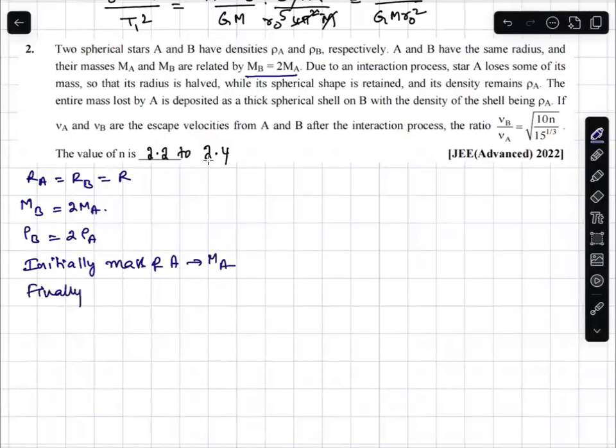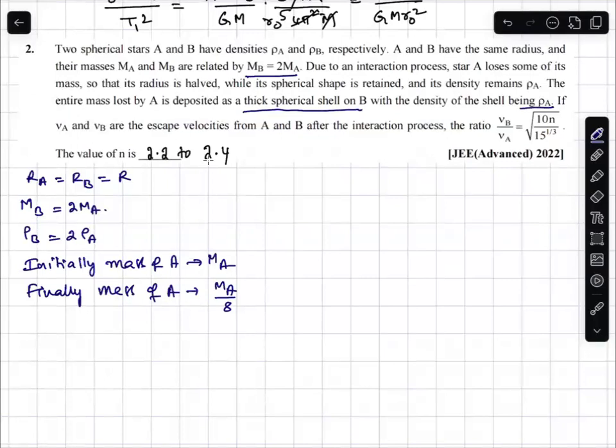Finally, mass of A is MA by 8. Now 7 MA by 8. Mass is deposited on what? Read the question carefully. The entire mass lost by A is deposited as a thick spherical shell on B with density rho A. VA and VB are the escape velocities from A and B after the interaction process.